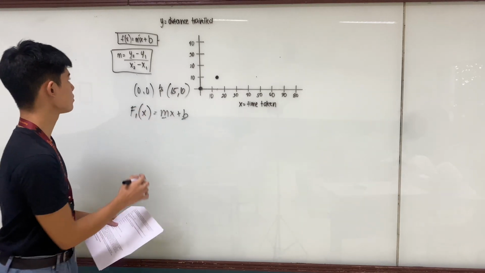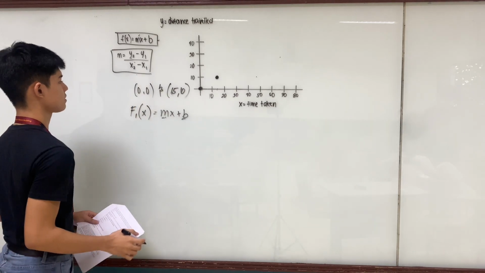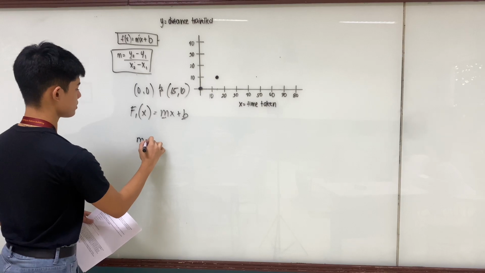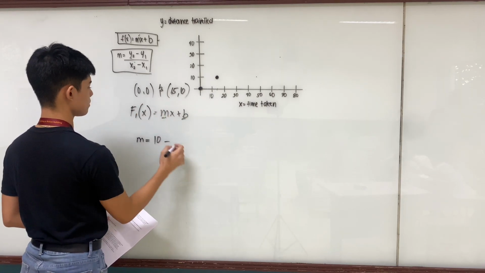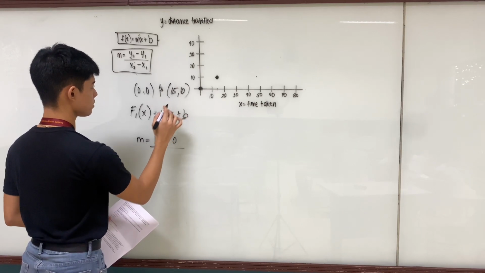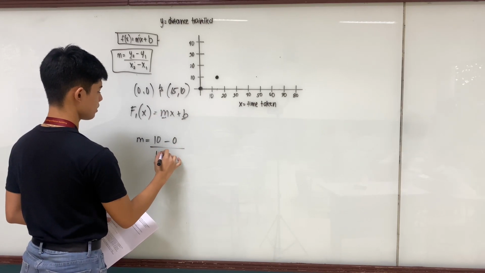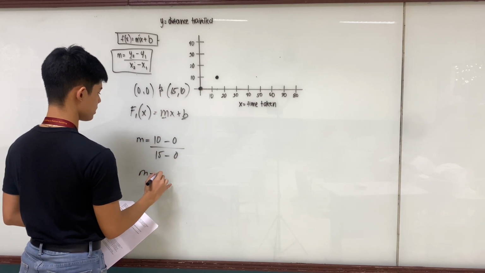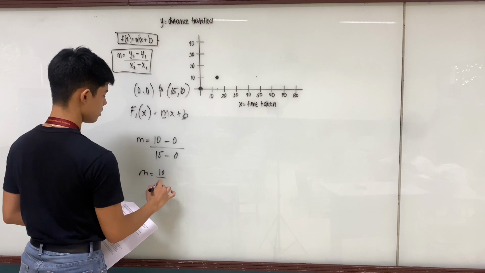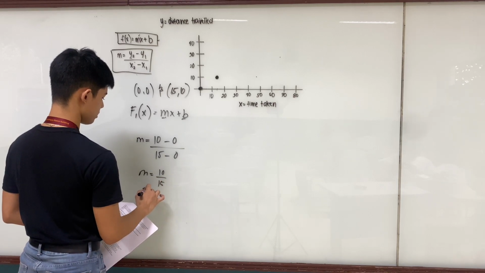For m, if we substitute in this formula, this will give us m is equal to y sub 2, which is 10, minus y sub 1, which is 0, over x sub 2, which is 15, minus x sub 1, which is 0. So we can conclude this is 10 over 15, or simply 2/3.